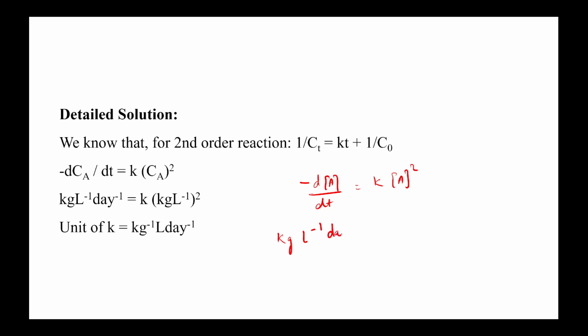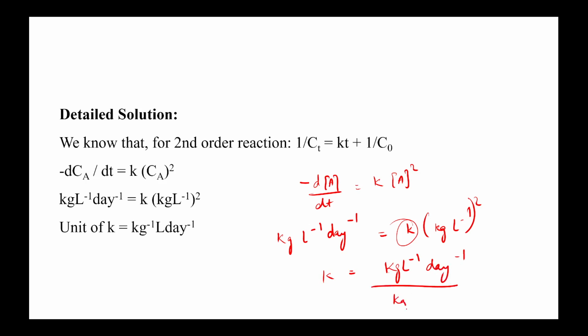So I'll just write it in the numerator in the inverse form, equal to k multiplied by kg per liter whole square. Okay, so the unit of k will be equal to kg per liter per day divided by kg square liter to the power minus 2.